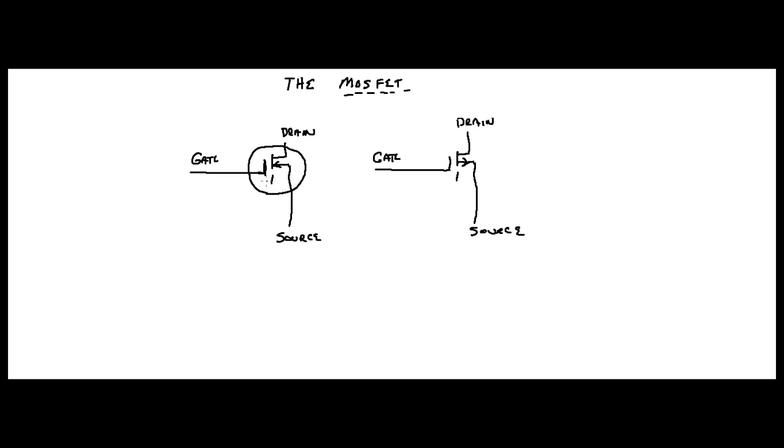Now, there's two types of MOSFET. There's an E-MOSFET, that stands for enhancement. And we have a D-MOSFET, that stands for depletion.